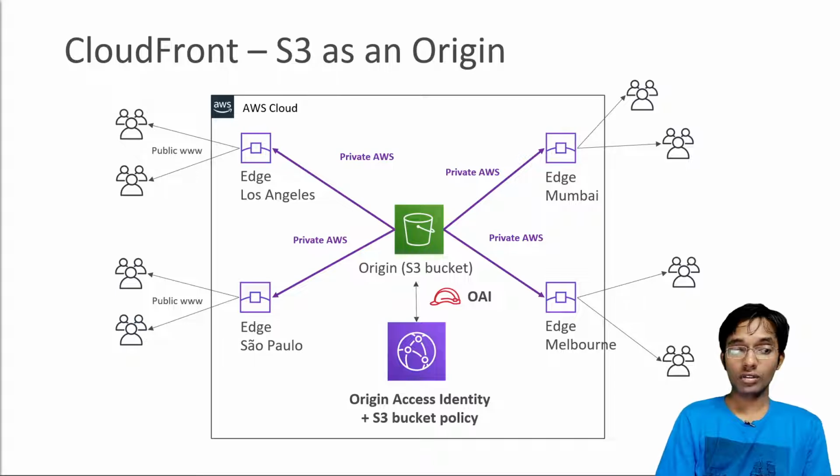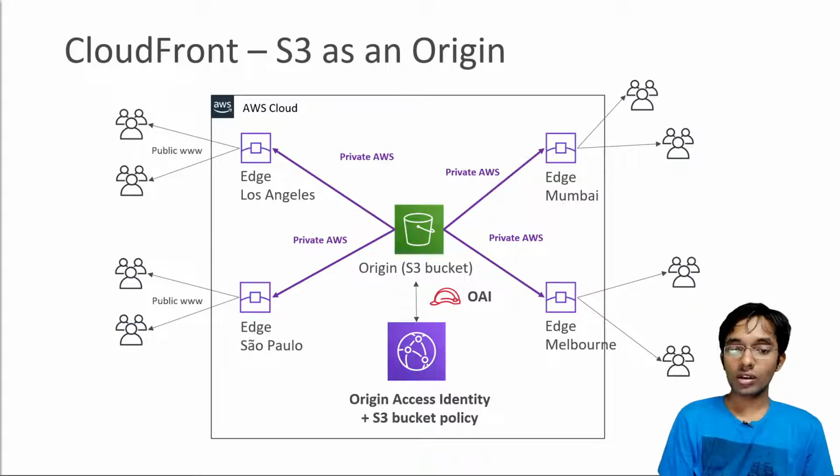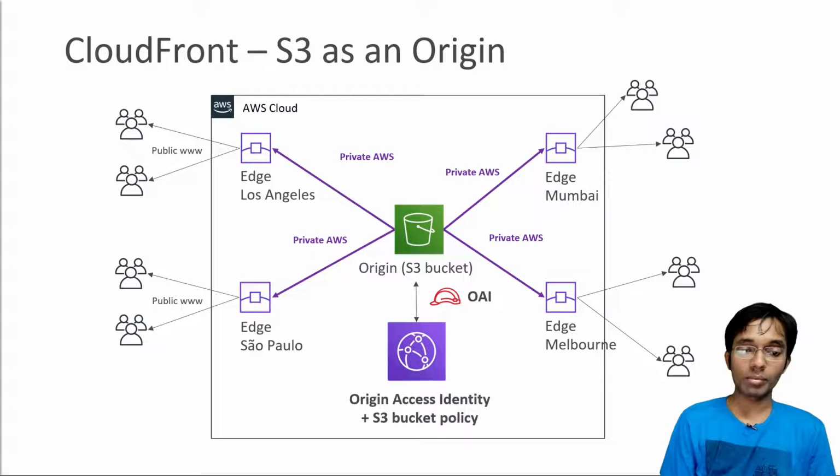Okay, so what does CloudFront look like when S3 is going to be the origin of your CloudFront distribution? Within the cloud, you have the S3 bucket. The origin is in one region, and CloudFront is going to be defined using an Origin Access Identity, OAI. It's like an IAM role for CloudFront, and it's going to be allowed to talk to the S3 bucket through an S3 bucket policy.